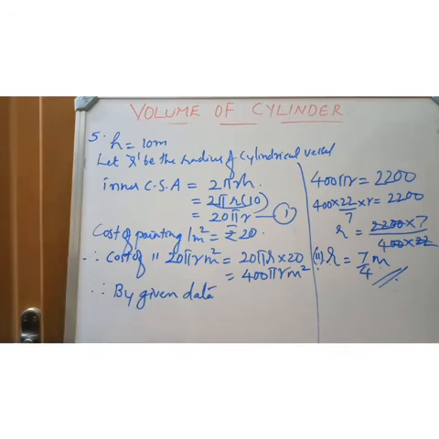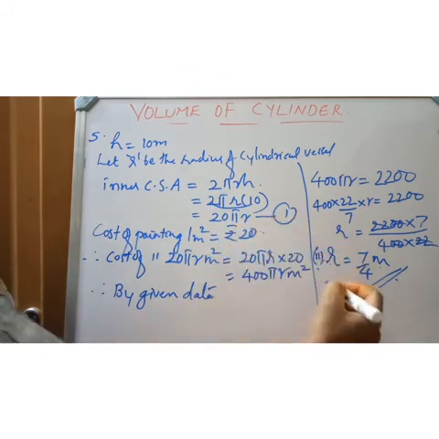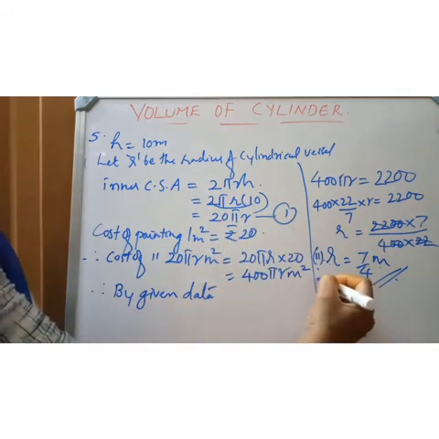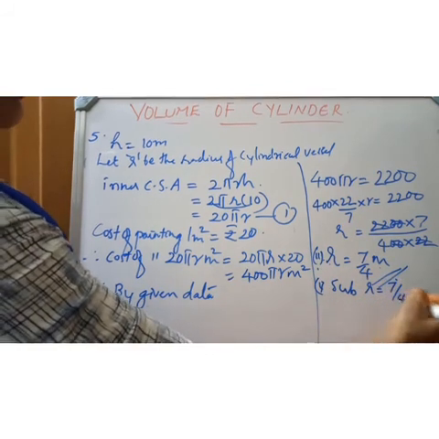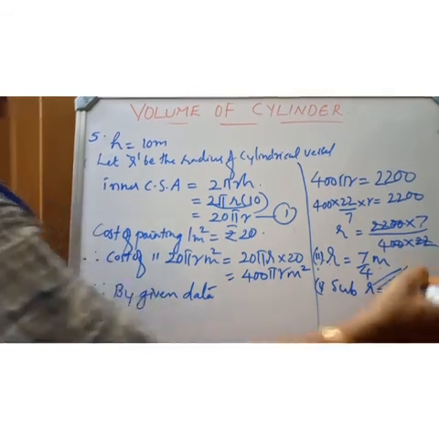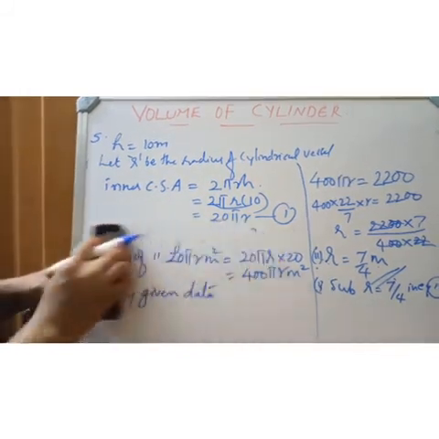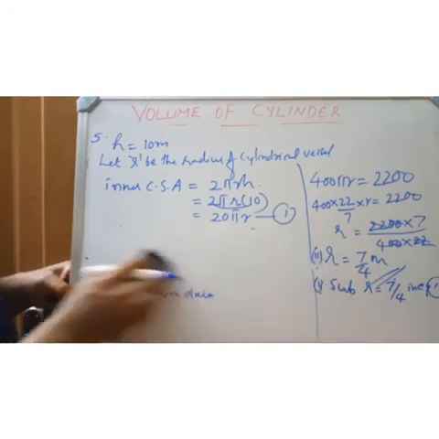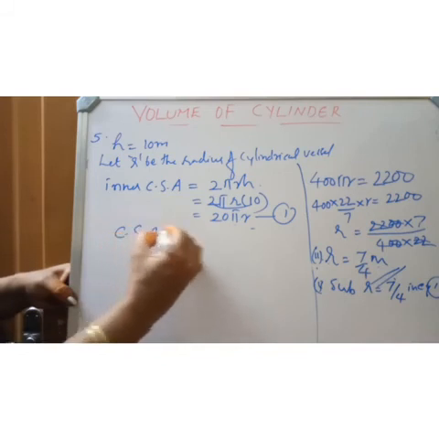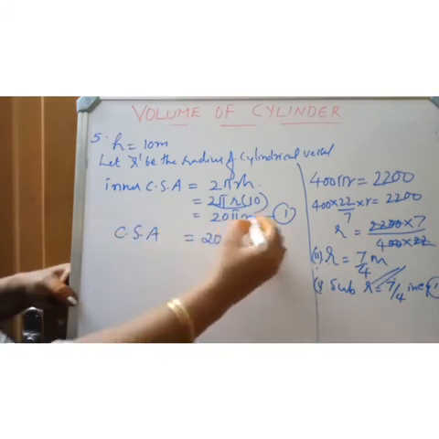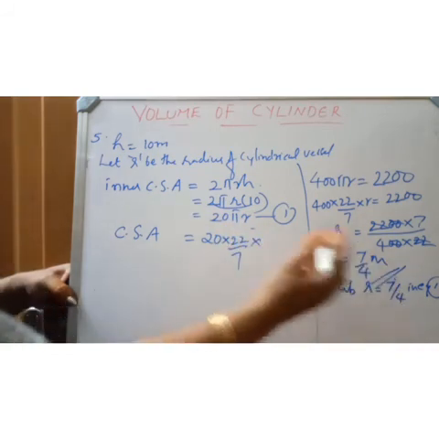Curved surface area. Already I put it as equation number 1. Substitute r equal to 7 by 4 in equation 1, and we will get the curved surface area. So curved surface area equal to 20 pi r, 20 into 22 by 7 into, we got the r value 7 by 4.